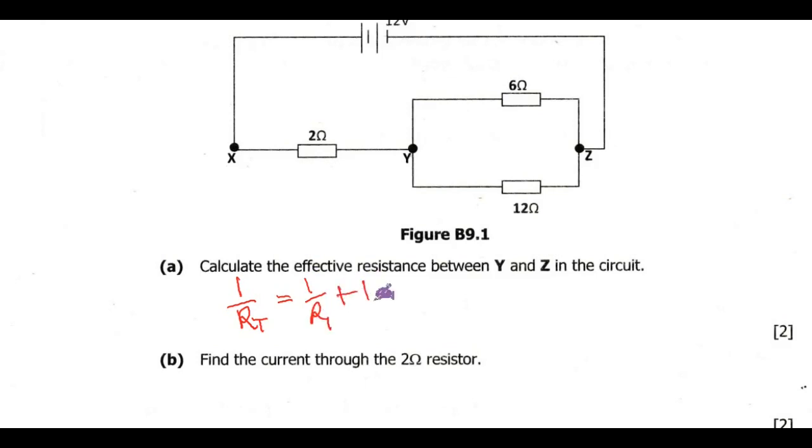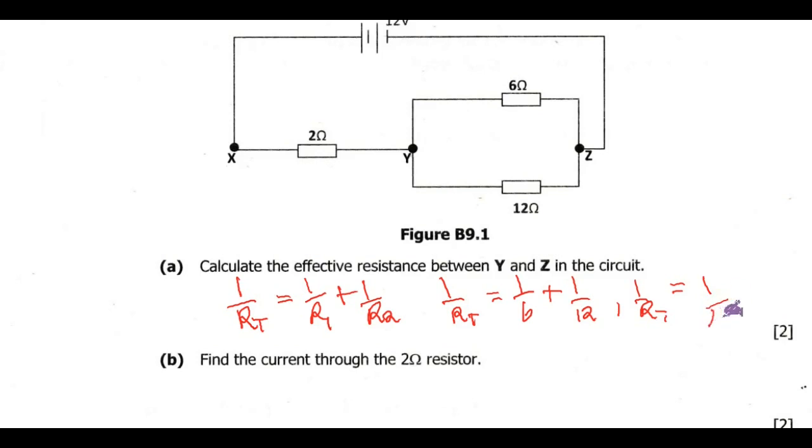And then this should give us 1 over R total, which is 1 over 4. Now remember, this is not the answer. We need to find RT, so we just find the reciprocal of that, or cross multiply, and we get RT, or total resistance or effective resistance, is equal to 4 ohms.